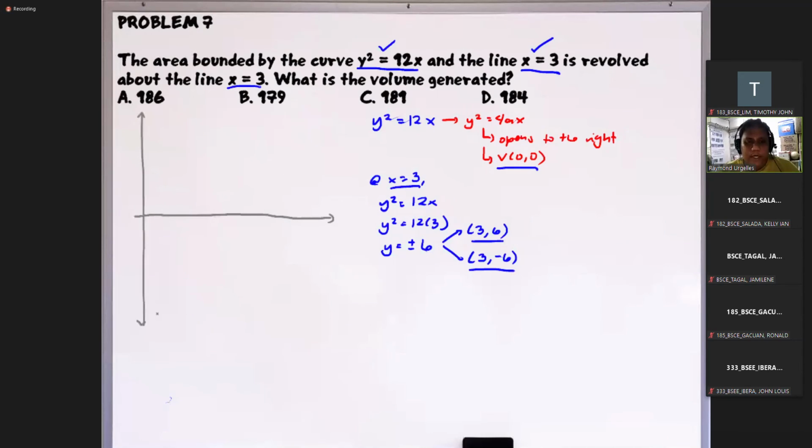Let's say this is our x-axis, then the y-axis, and this is the origin. We have the vertex at the origin. Then we have the points (3, 6) and (3, negative 6).